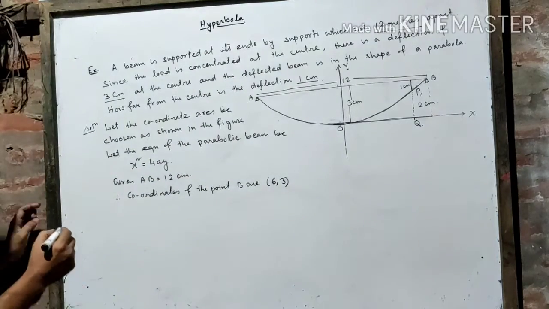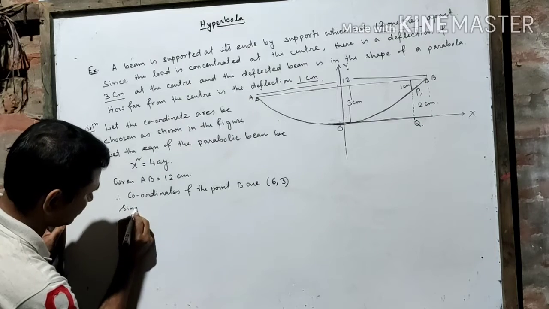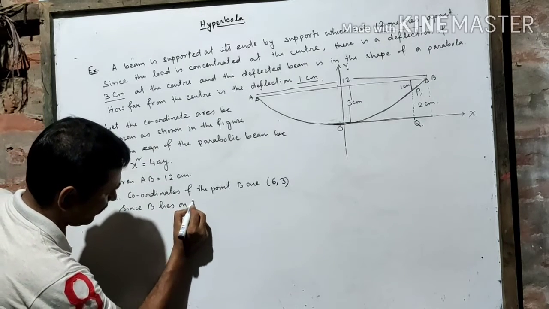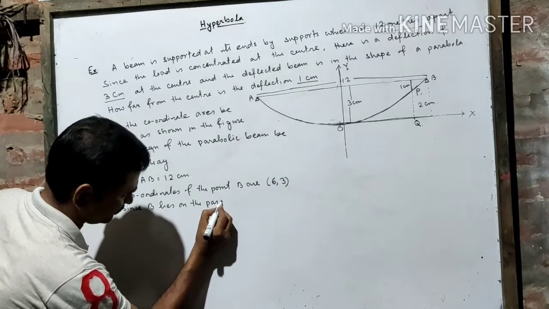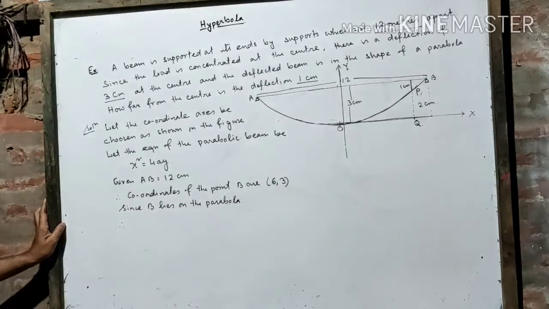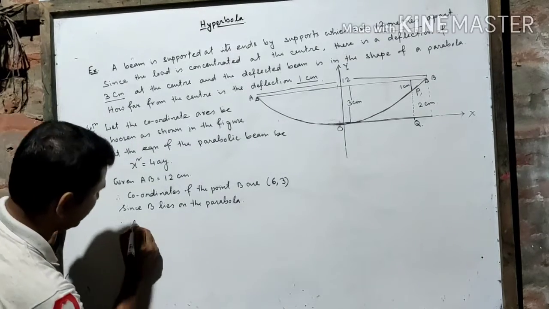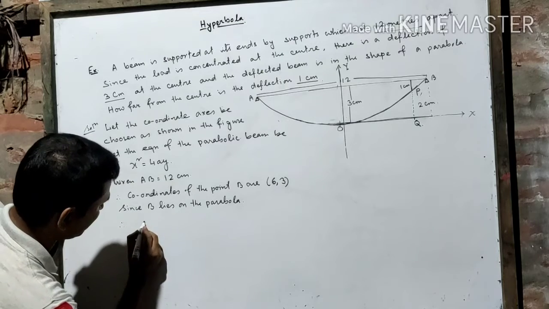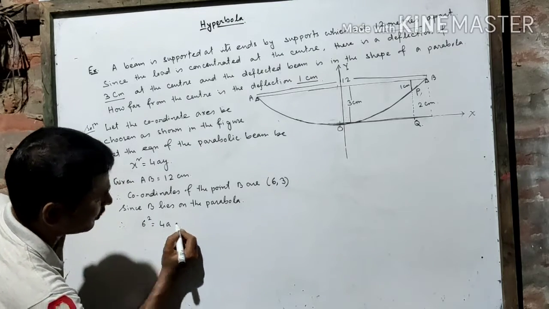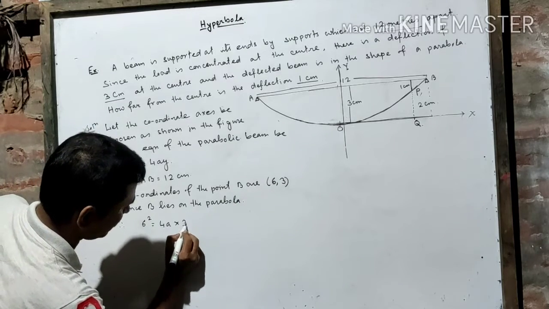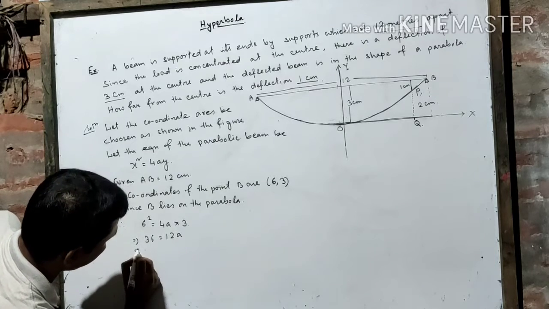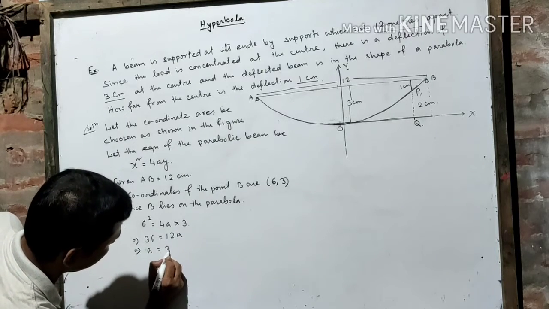Okay. Since B lies on the parabola, therefore coordinates of B will satisfy the equation of the parabola. So 6 square is equal to 4a into 3. This implies 36 equal to 12a, implies a is equal to 3.